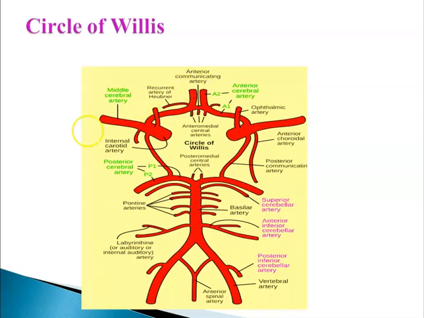Hence we call this artery the anterior communicating artery. Similarly, the one which is connecting the posterior cerebral artery, that artery we call the posterior communicating artery. And the branches are the posterior inferior cerebellar artery, the anterior inferior cerebellar artery and the superior cerebellar artery.